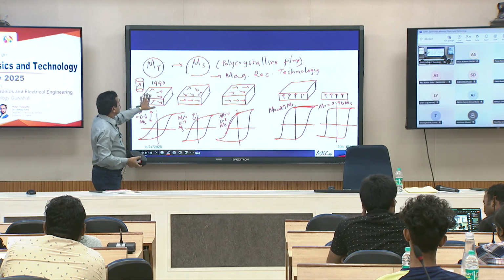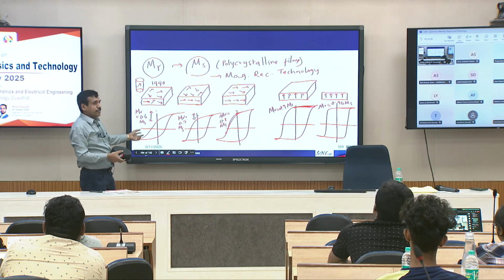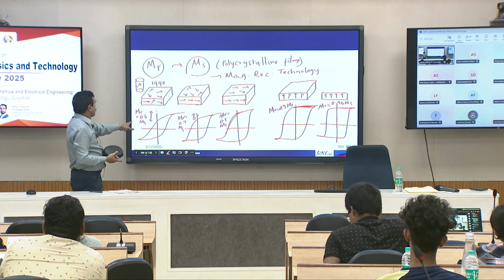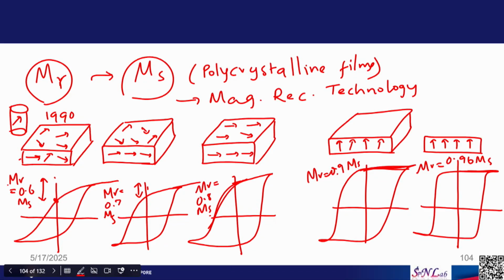When you have such randomness, usually the MR is very low compared to MS. You may get something like 0.6 times MS, so this value is 60% of the MS value. People have improved this by growing some underlayer and things like that.